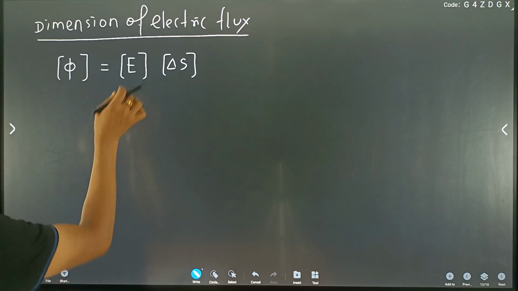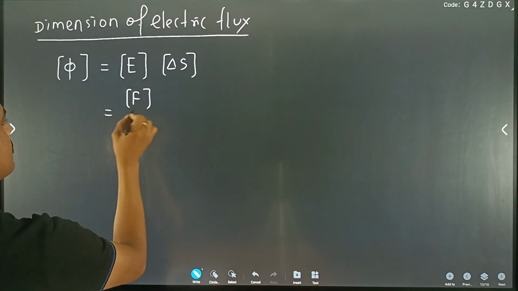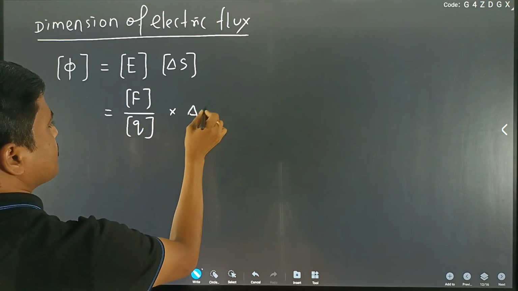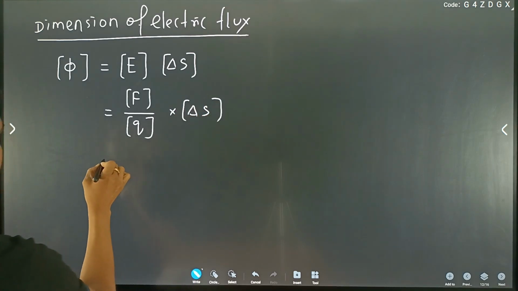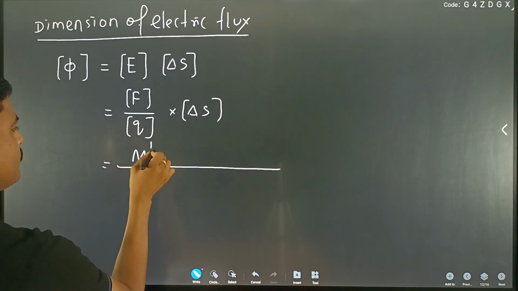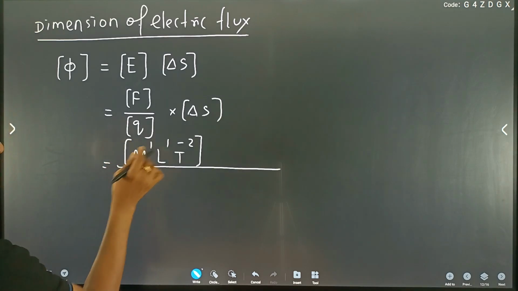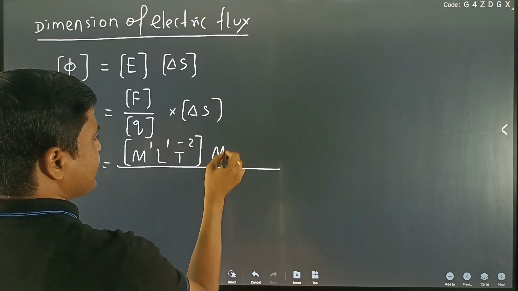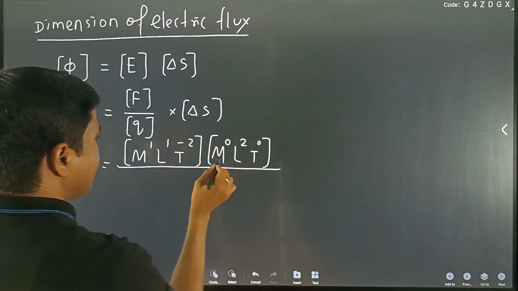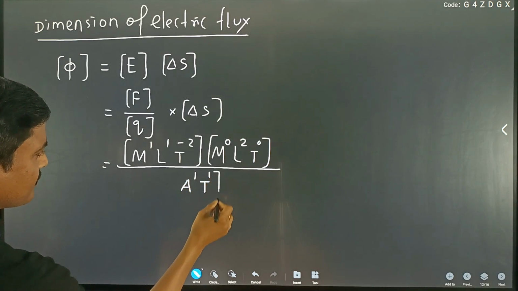This is equal to electric field intensity, that is force divided by charge, multiplied by the dimension of area. The dimension of force is M1 L1 T to the power minus 2. Dimension of area, area means 2 lengths, we write L square T0. And dimension of charge, charge means A1 T1.